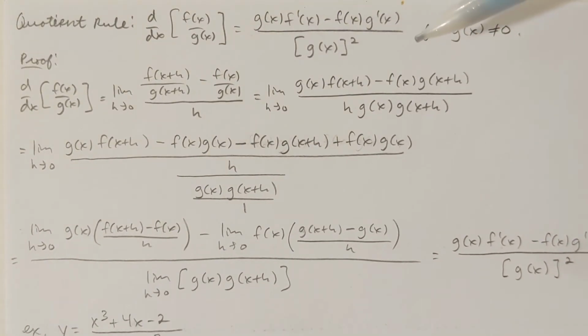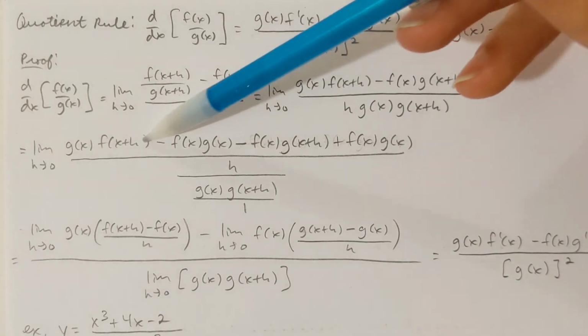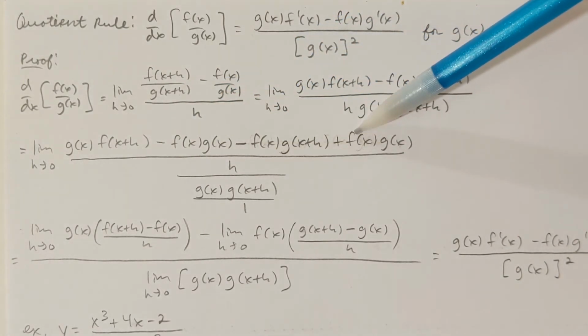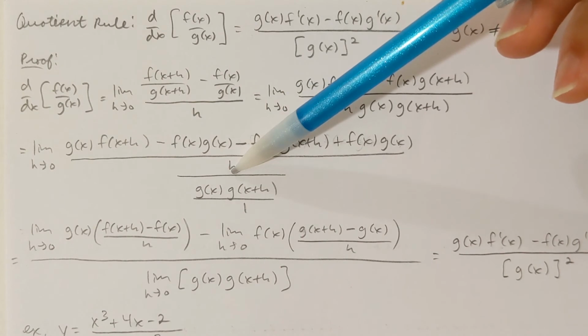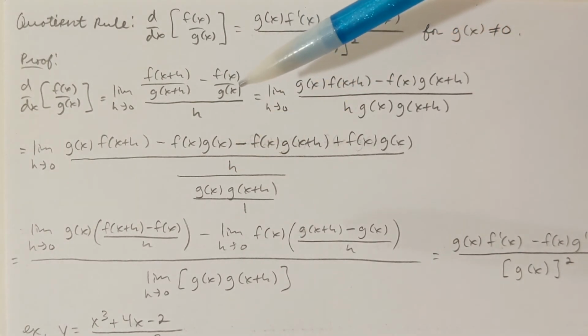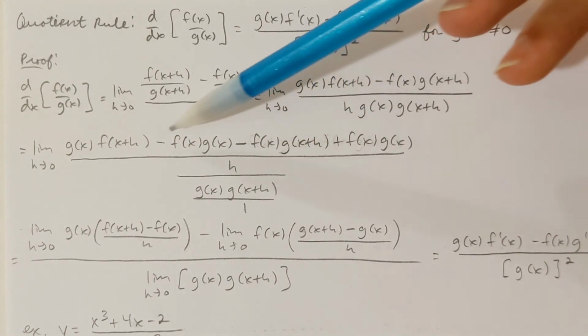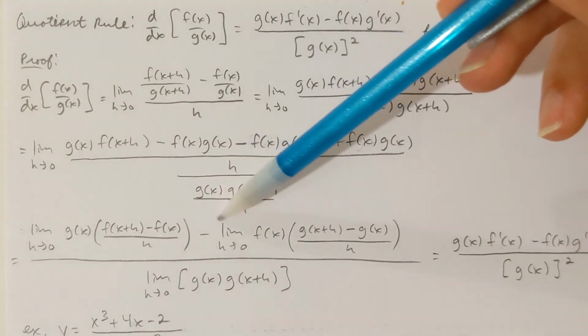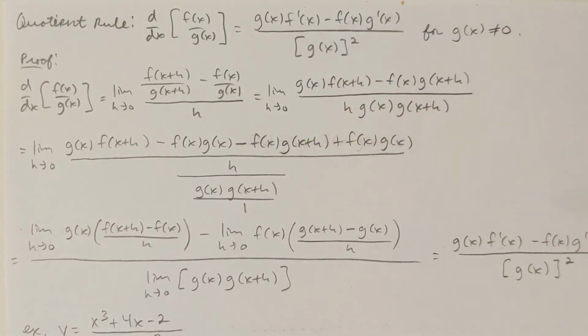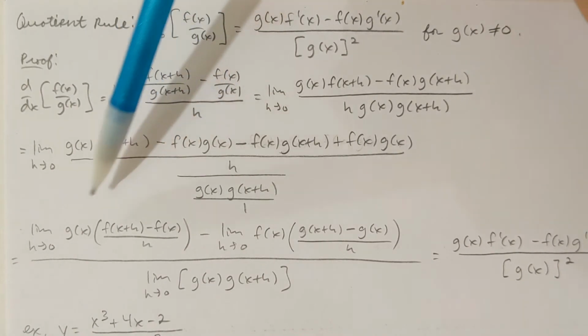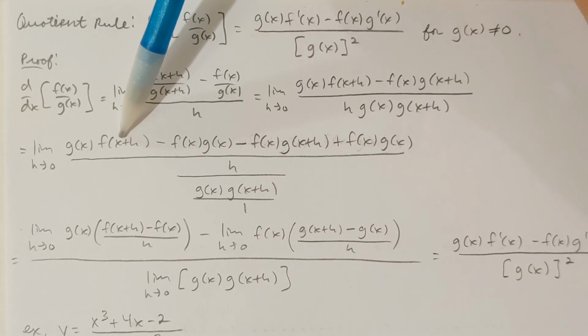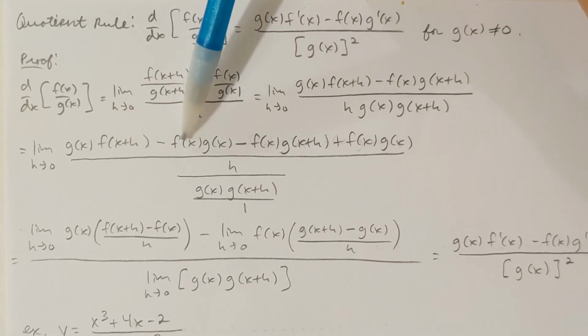In the numerator, I'm going to split this single fraction into 2 fractions, and then I'm also going to split the limit into 3 limits. I've got 2 fractions in the numerator and then this term down under. With the first fraction, g of x is common to those 2 terms. I can factor that out, and the leftover would be f of x plus h minus f of x all over h.